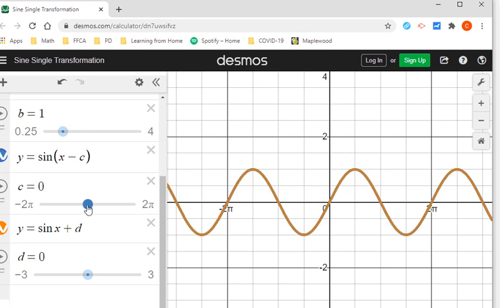And then as we look at the D value, what will happen if I make D bigger? Yeah, it's going to go up. It's going to go up, going to go down based on the D value. So that's pretty much the lesson for today.